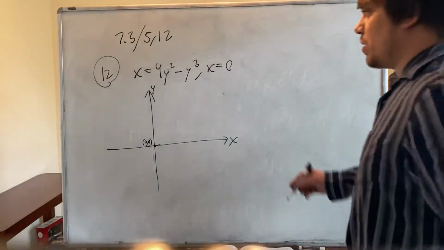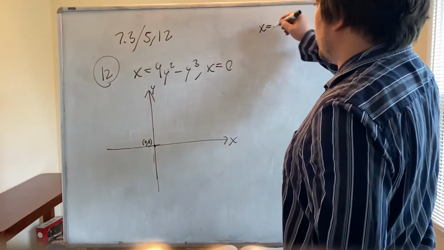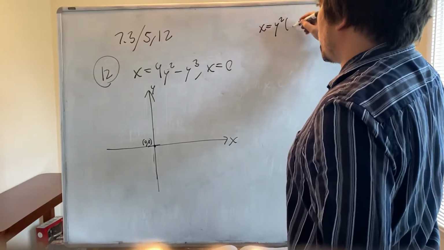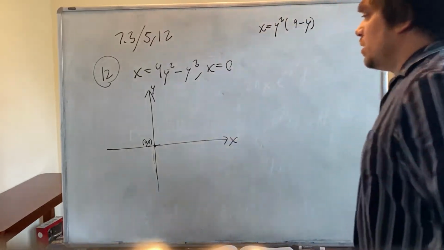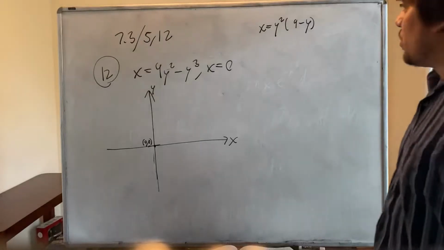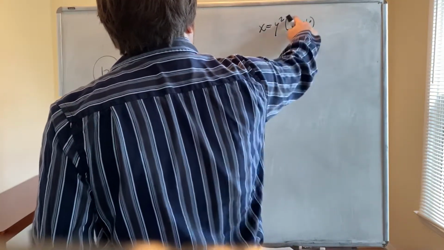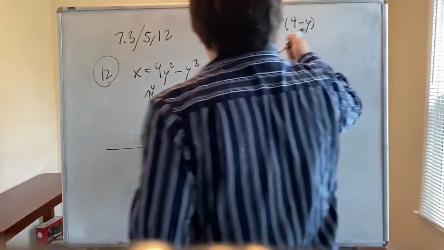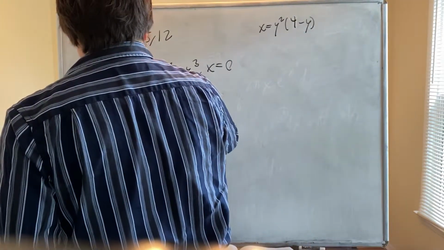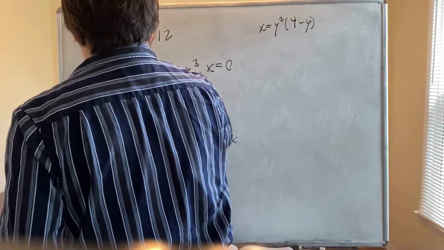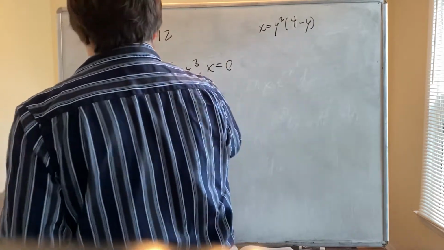Actually, let's factor out the y squared. We have x equals y squared times 4 minus y. When y is 0, x is 0. When y is 4, x is also 0, because 4 minus 4 is 0. And so those are the two zeros of x. So that's 0, comma 4.